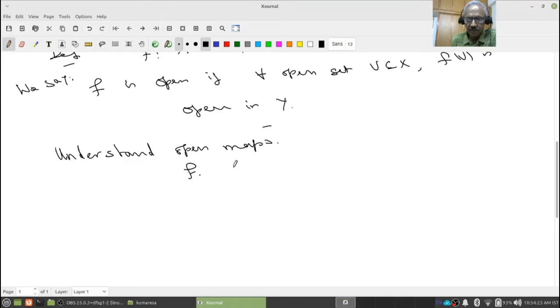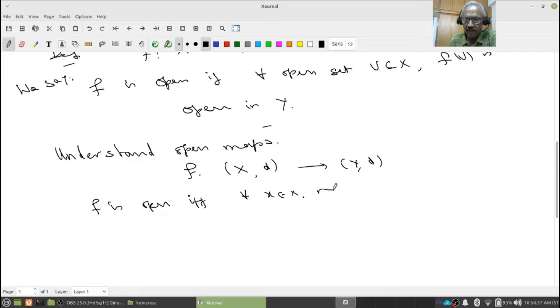Let F be a map between metric spaces. Then F is open if and only if for every x in X and r positive, there exists an epsilon positive so that the ball B(F(x), epsilon) is contained in F(B(x, r)).